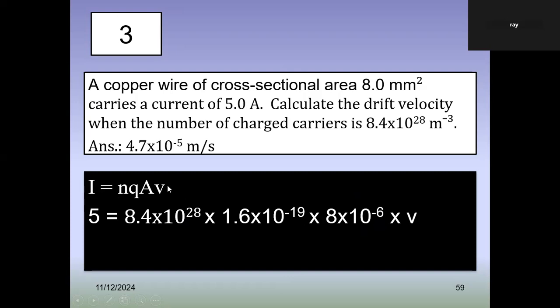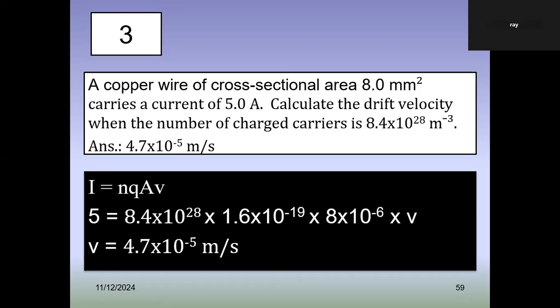And then v is the drift velocity. Solve it. I just didn't know the value of Q. You must know where to get it from the data sheet. Charge on electron or charge on proton, the magnitude is the same.